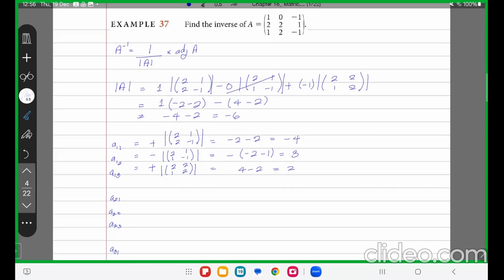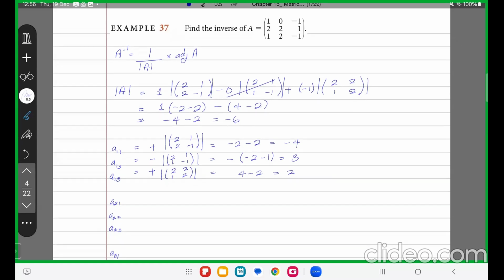Third row, or second row, sign convention, negative, positive, negative. 0, minus 1, 2, minus 1, minus 0, minus, minus 2, minus 2.